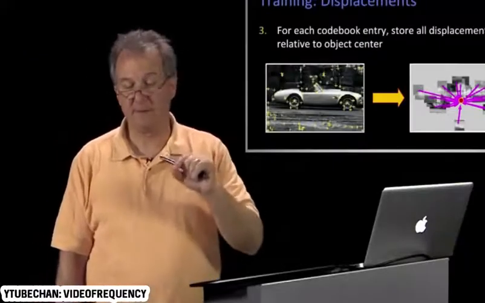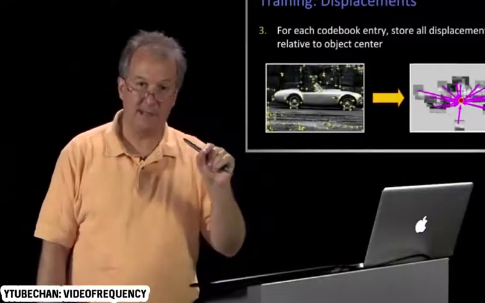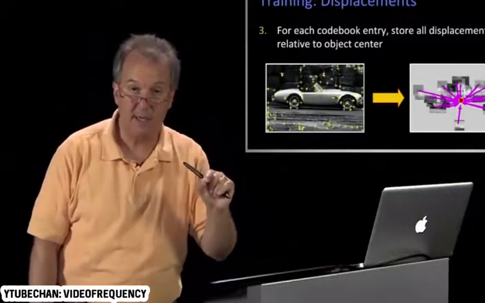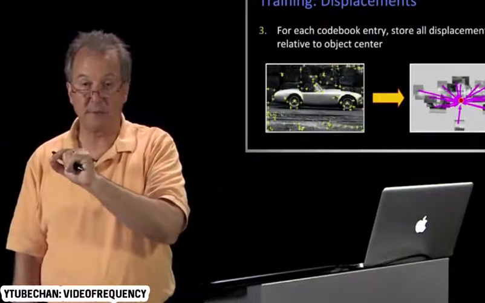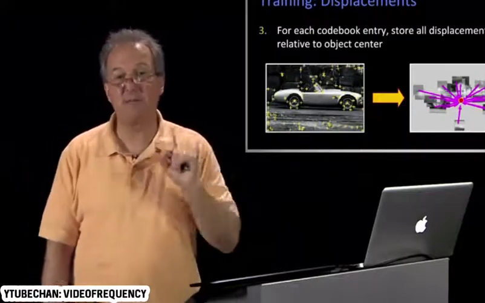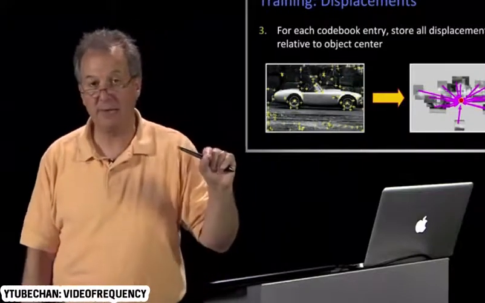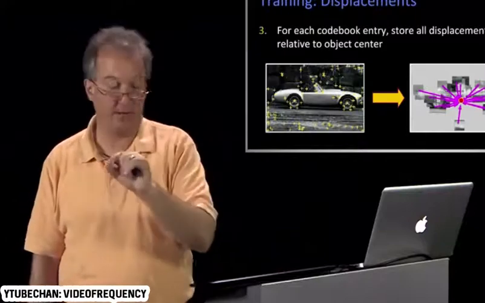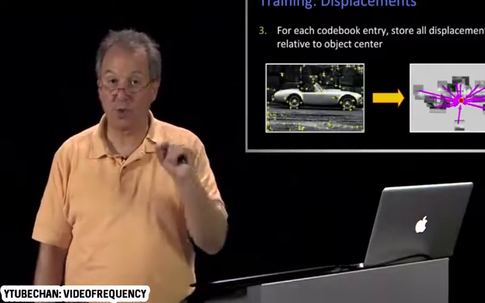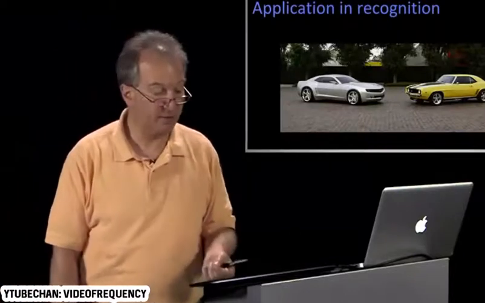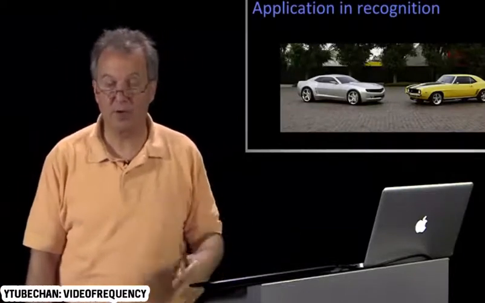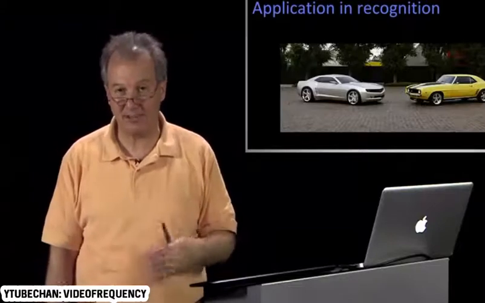If I find a tire to the left, which means the displacement vector is to the right, I put down that displacement vector. If I find a tire to the right, which means its displacement vector is to the left, I add that same displacement vector to the table with the entry of the tire. That stores all those displacements. So at runtime, it works like the following. Here I'm going to show you on two cars using just the tire patch as the example.